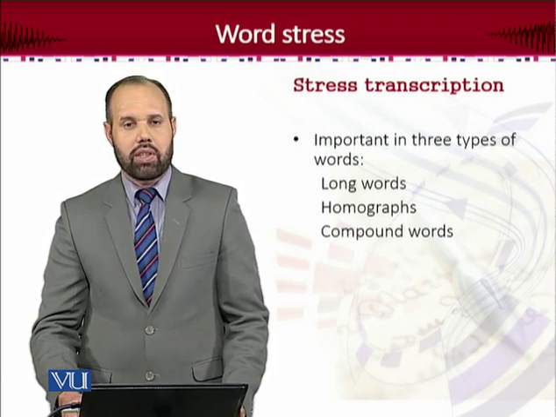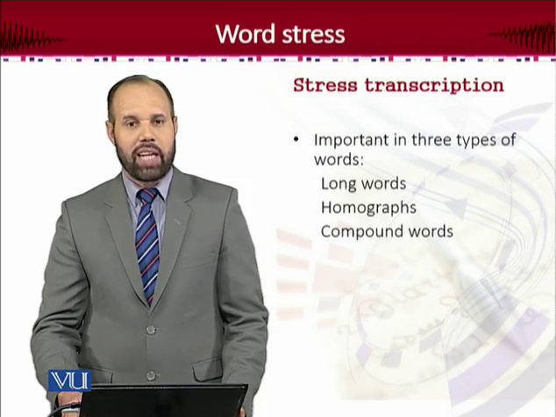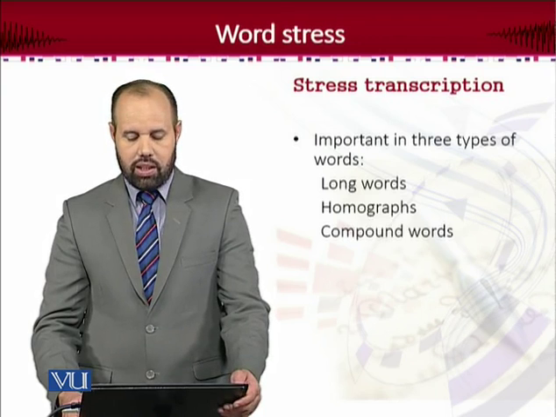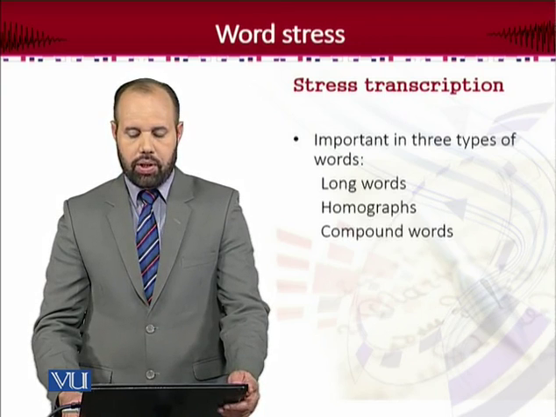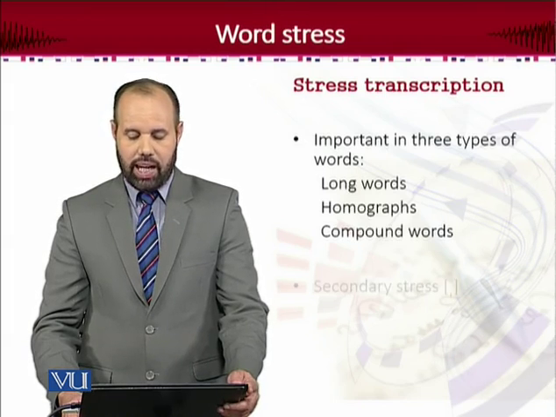Which syllable is to be stressed? Typically in this word, it is the black which is stressed. So blackbird. We need to know how and where to put the stress mark while transcribing.